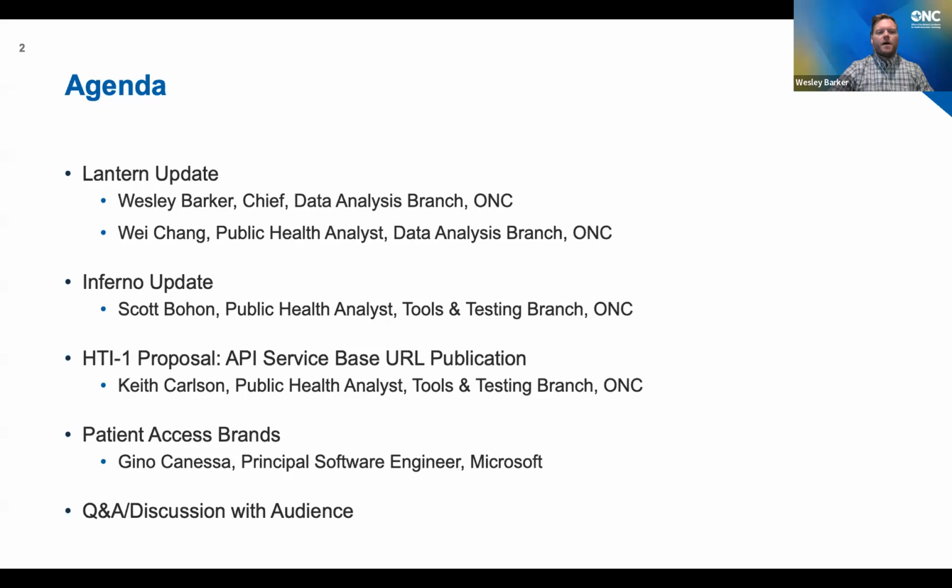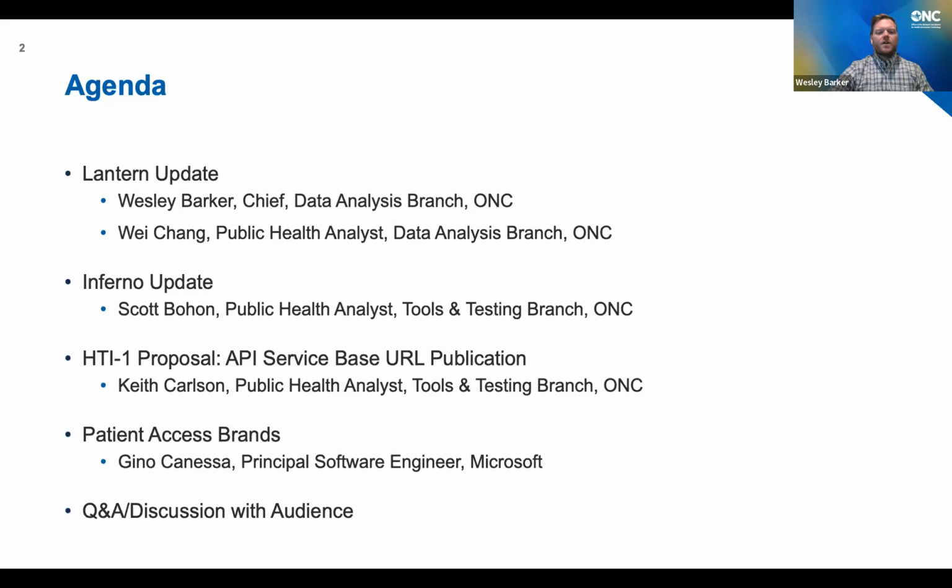folks from ONC as well will provide an update on the Inferno project. In particular, Scott Bohan, public health analyst within our tools and testing branch, will provide that update and a demo of the Inferno application itself.